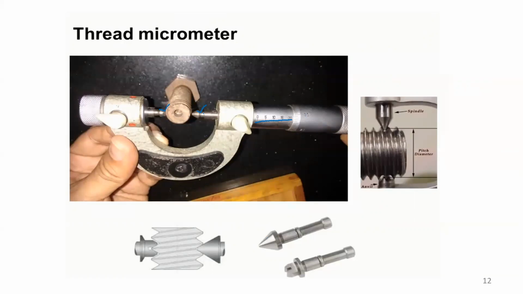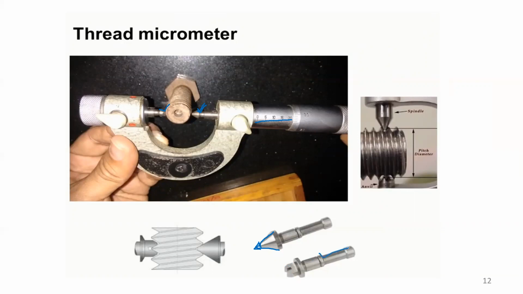These anvils can be replaced depending upon the diameter of the screw thread. These replaceable anvils are not sharp edges, they have a straight edge at the bottom, because this should not contact at the root of the thread. Similarly, the other anvil is also not a sharp edge, it is a flat edge.